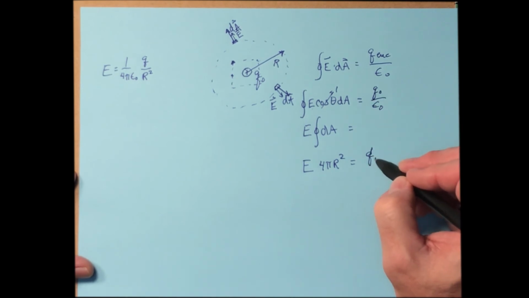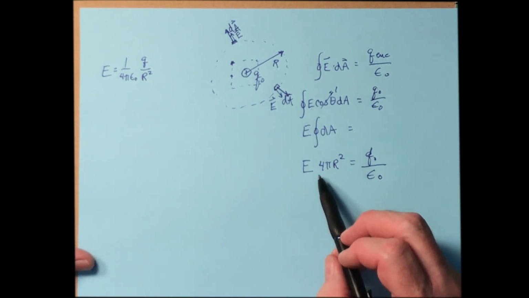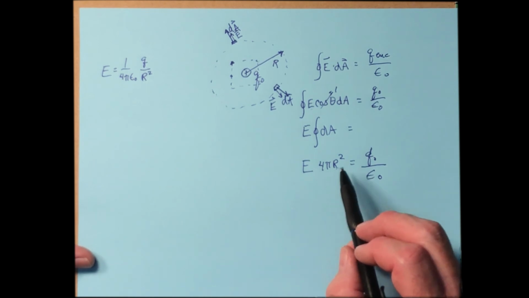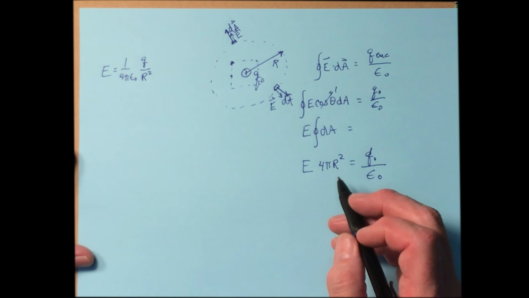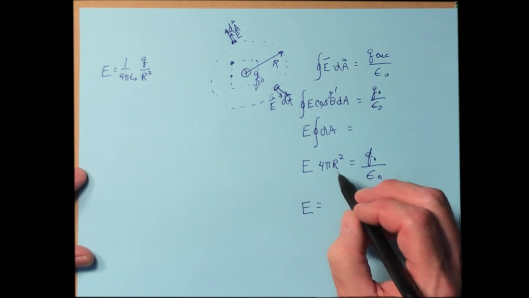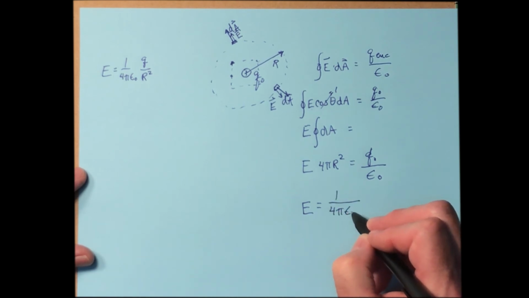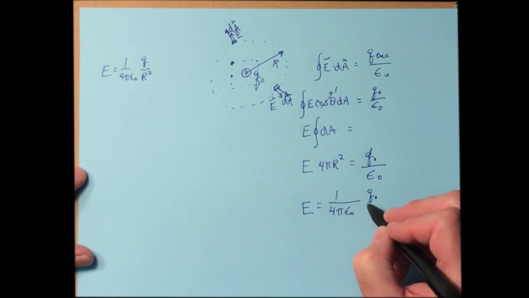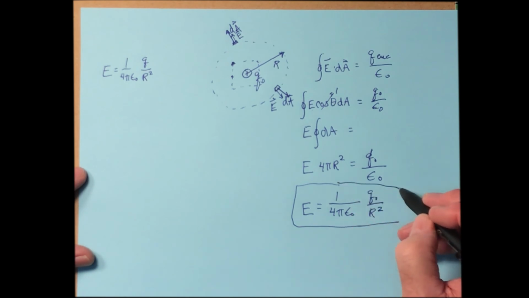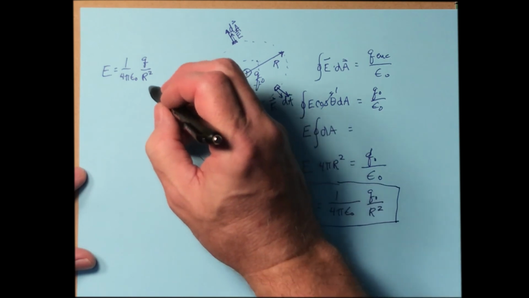We've worked the left side of the equation, we've worked the right side, and we've gotten to a point now that we can solve for E, and that should be the last step here. Solve for E out of this, and notice what you get. You get 1 over 4 pi epsilon naught Q naught over r squared, which is the equation for the electric field of a point charge, right there.